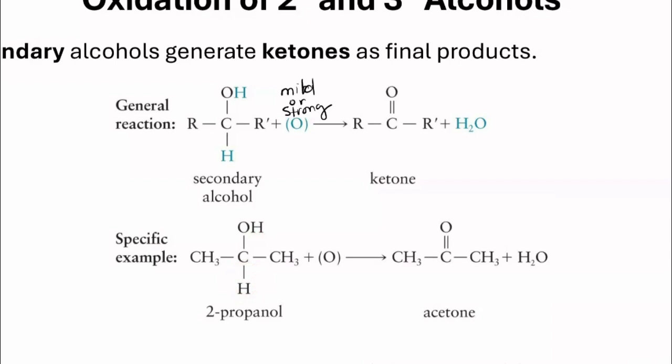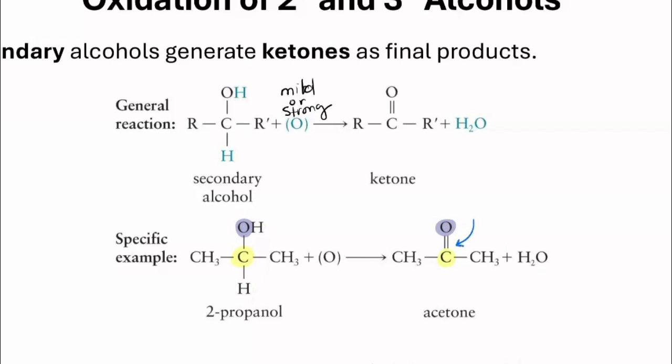So if I highlight my atoms, this is the carbon where the OH is connected to. This is the oxygen in the OH. Let me highlight them in the product. When the carbon atom that is holding the OH loses its hydrogen and the OH group loses its hydrogen, then we have the creation of a double bond between them.